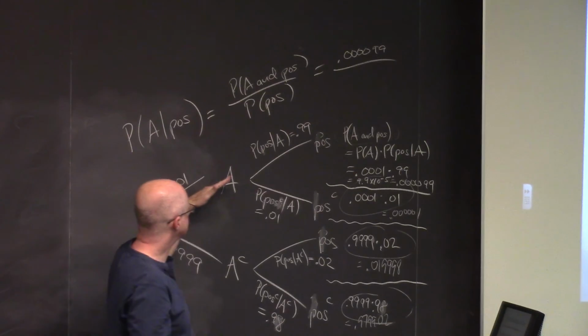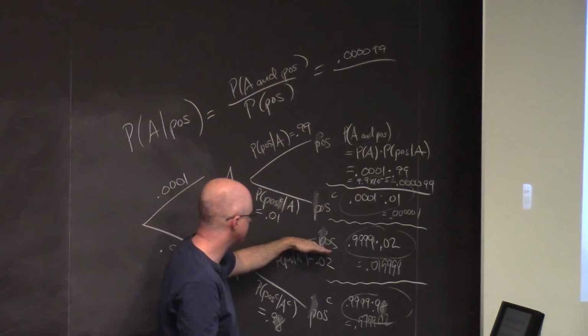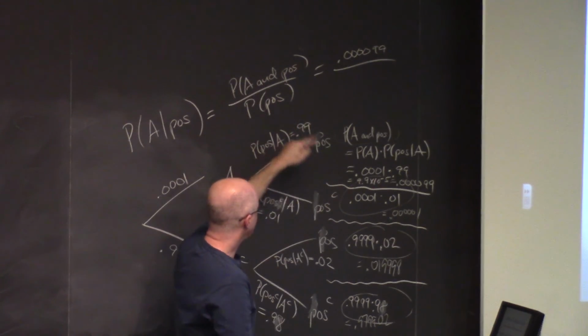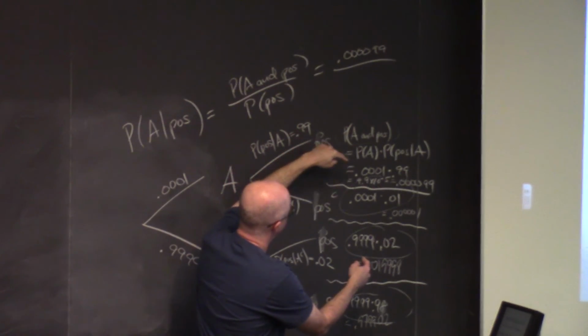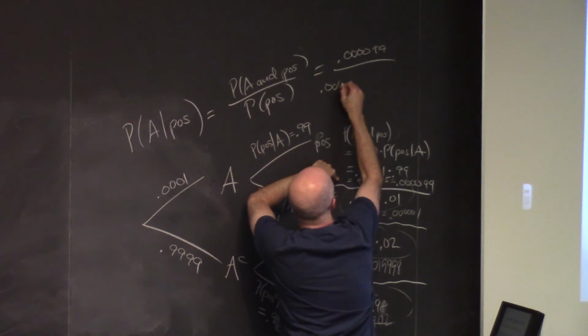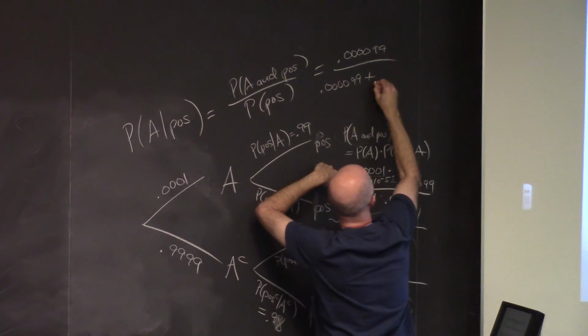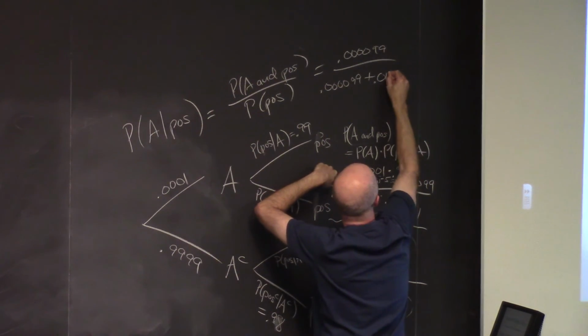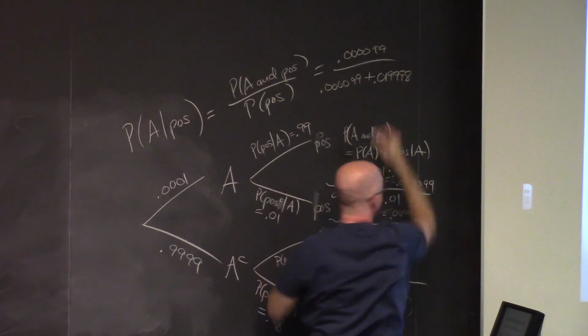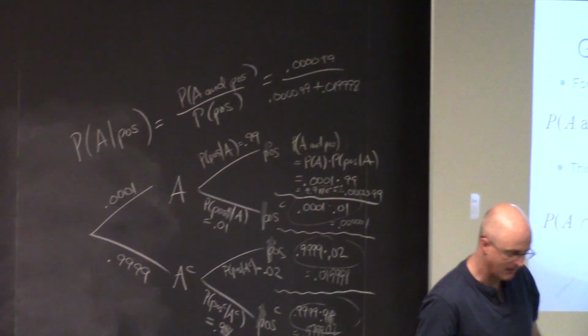The person could have disease A and it could be positive, or the person could not have disease A and it could be a positive test. The bottom, by the addition rule for disjoint events, is the sum of these 2 numbers, 0.000099 plus 0.019998.